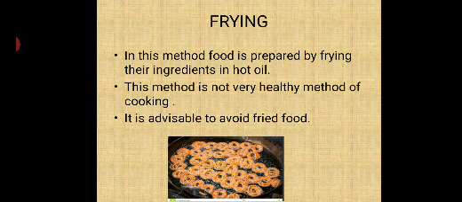In this method, food is prepared by frying the ingredients in hot oil. This is not a very healthy method of cooking. It is advisable to avoid fried food, because if we eat too much junk food, it may affect our stomach also.